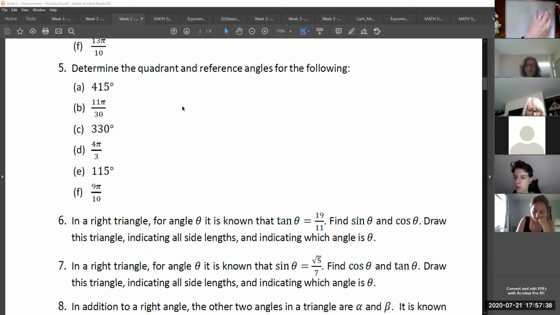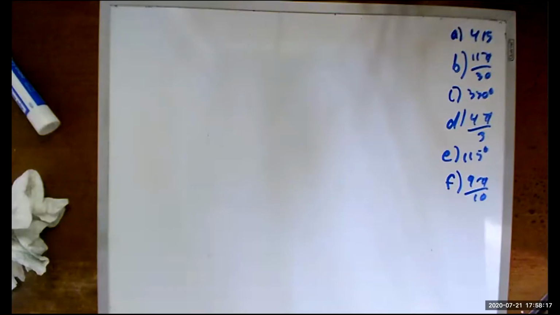And I'm just going to make note of these really quickly. 415 degrees, 11 pi over 30, 330 degrees, 4 pi over 3, 115 degrees, and 9 pi over 10. Okay, I've just scribbled those down. I know they're a little blurry for you guys, but they're mostly there for my reference.